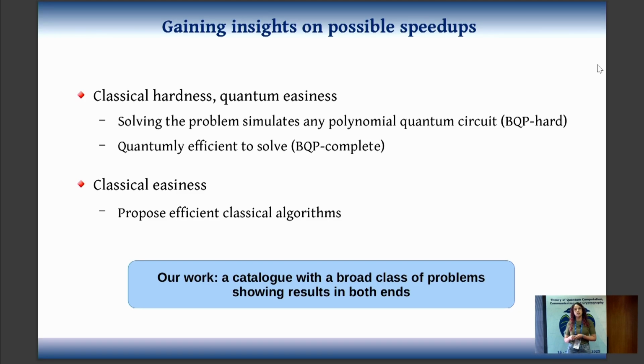So maybe the algorithms are designed, they are efficient, but the complexity is hidden in the design of the oracle. So here we consider also the problem of how to access the matrices. And we show results in both ends, also in the hardness and also in the classical easiness of problems.